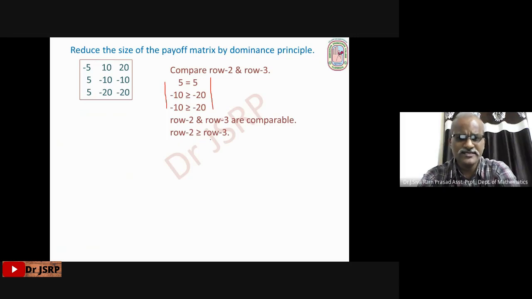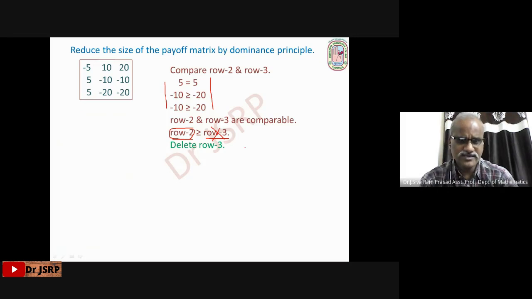Since these are rows, player A always tries to select the strategy with higher payoffs. Here the payoffs of row 2 are more than the payoffs of row 3. So player A always tries to select row 2, that is the second strategy. So we can remove the third strategy, that is row 3. So delete row 3.